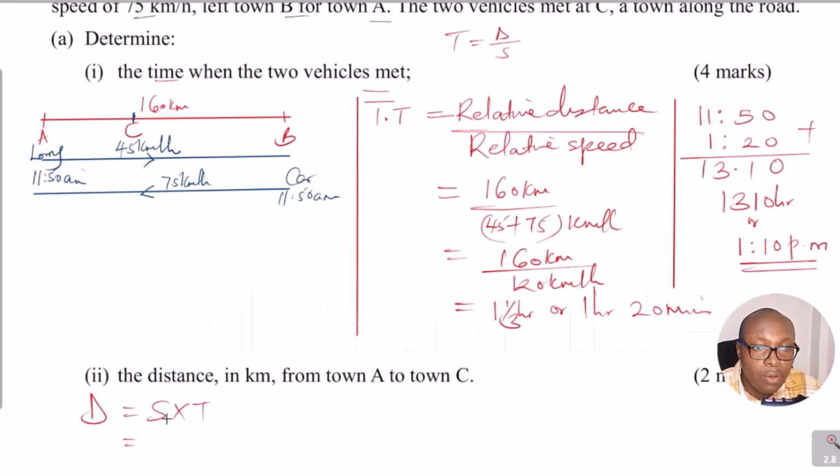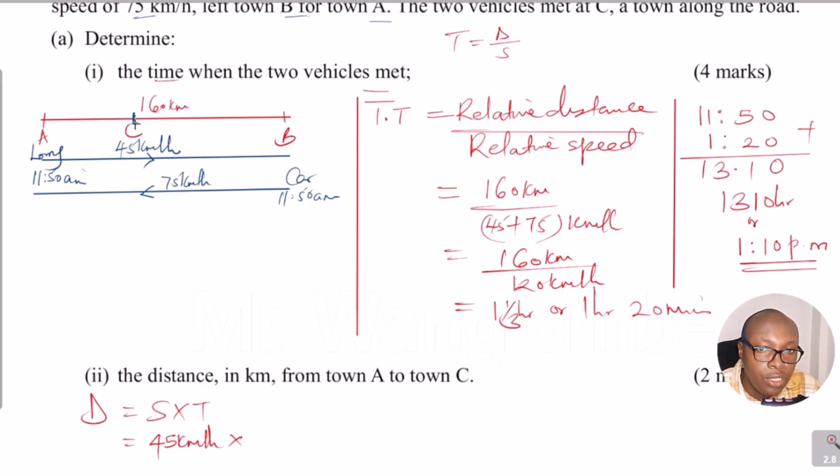The lorry is the one that is going to give us the distance from A to C, because the lorry was moving from A to B. So we can get the distance from A to C by taking the speed of the lorry, which is 45 kilometers per hour, and then we multiply by the time taken from A to C.